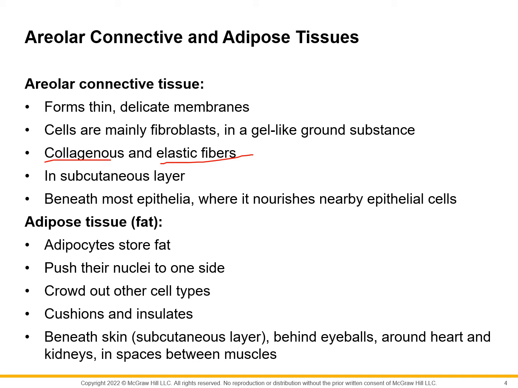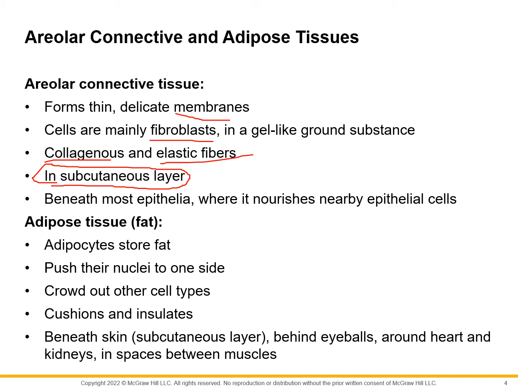So anyway, it is very thin, delicate membranes. It is going to have a lot of fibroblasts because the fibers are the defining feature you can see with this. It is in that bottom layer of the integumentary system. Again, by this point, we've already looked at that in lab.